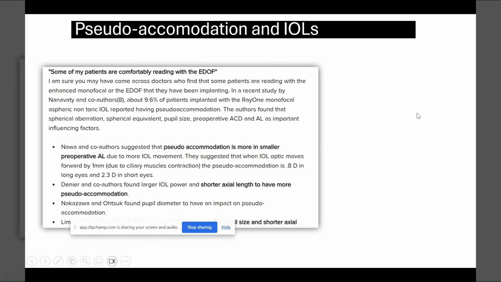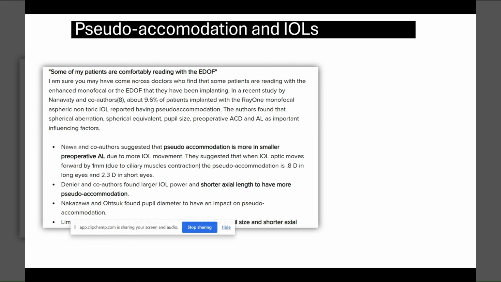Some surgeons do say that even with an enhanced monofocal lens, the patient is getting good near. Here, the authors have shown in which kind of patients you will find greater pseudo accommodation, that is, the patient reading even with enhanced monofocal IOLs.